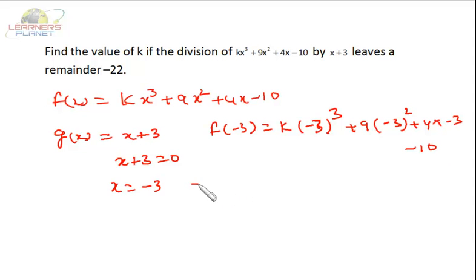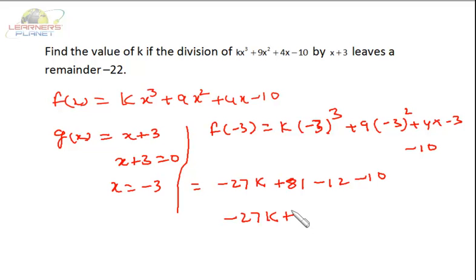Okay, so it's minus 27k. It's 9 into 9, 81, minus 12 and minus 10. Finally, we are getting minus 27k plus 59. Now, if we divide f(x) by g(x), we are getting the remainder as minus 27k plus 59.